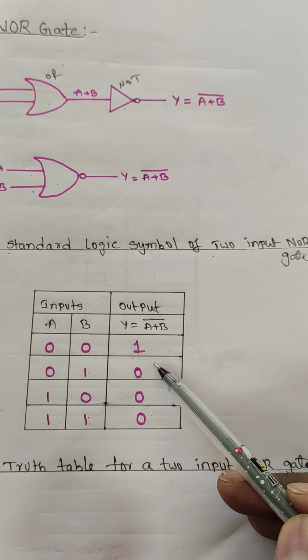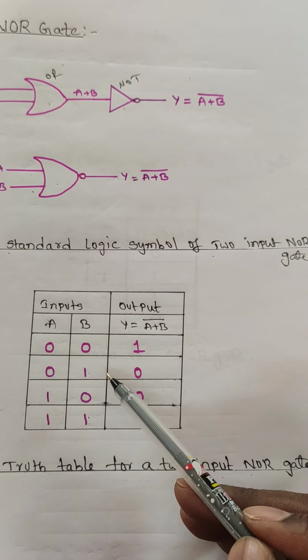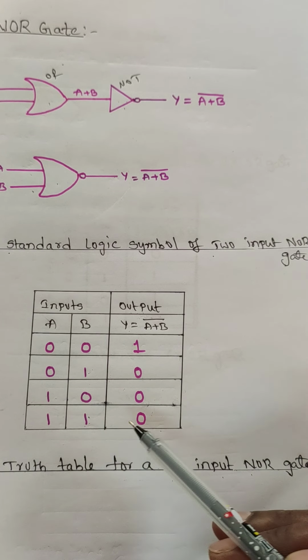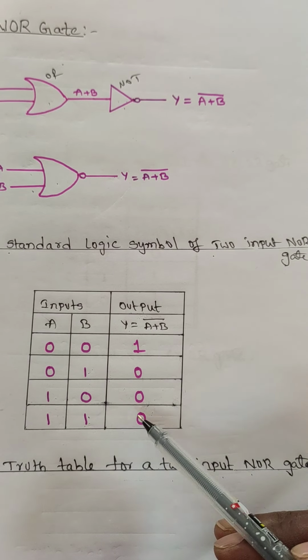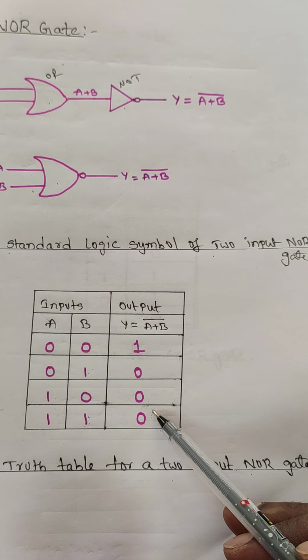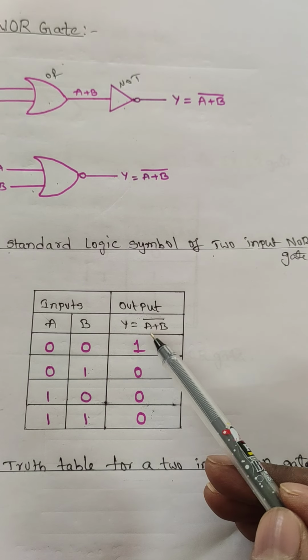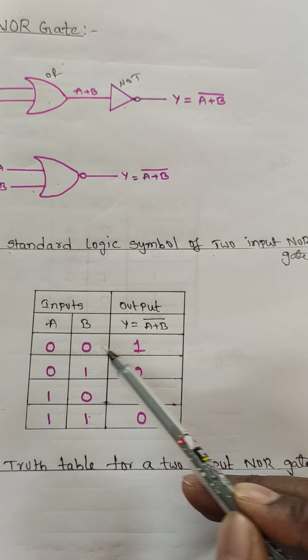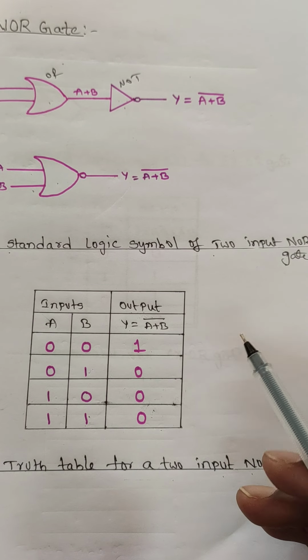Then the output is low. The output of the NOR gate is high if all the inputs are low.